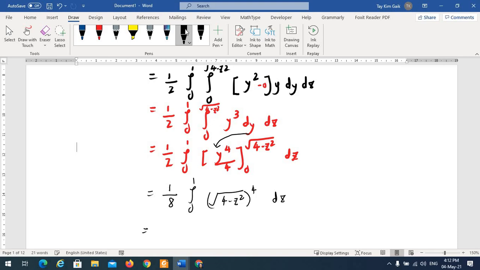You may simplify it, and lastly either integrate manually or use your scientific calculator to integrate it. So we simplify first. Square root is power one half, so power one half times 4 is power 2. It's 4 minus z squared, to the power 2, dz.